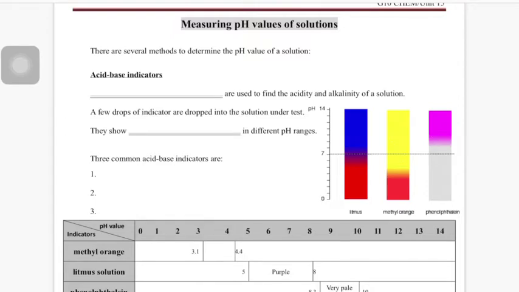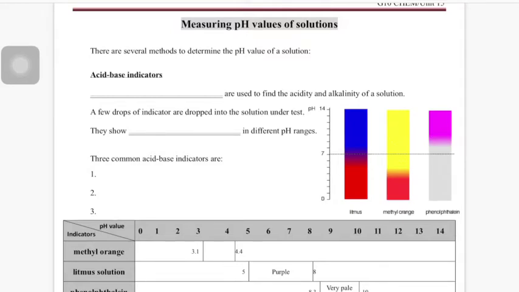So the next part we are going to discuss is how we can measure the pH value of a solution. There are several methods that we can use to determine the pH value of a solution, giving either a rough number or an accurate number. So let's talk about the first type. Okay, first we can try to use acid-base indicators.